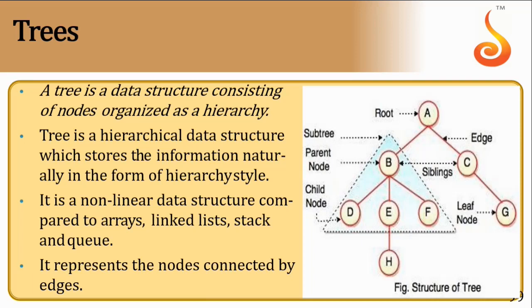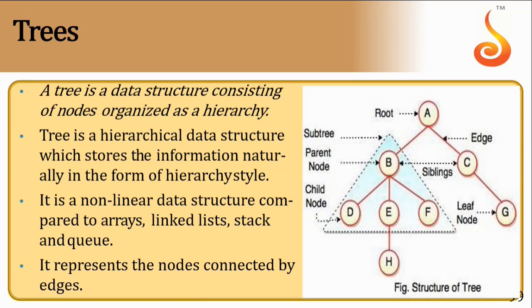So, this is how a tree looks. I will tell you what each part is. It's a very important question. They will definitely ask you the definitions of these, so make sure you learn all the definitions properly.